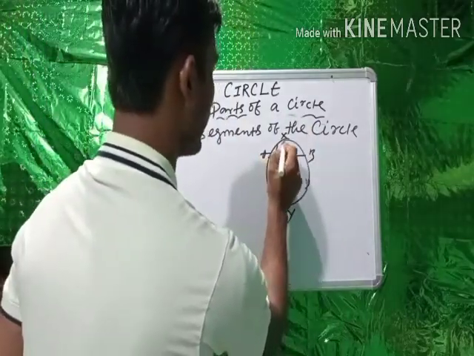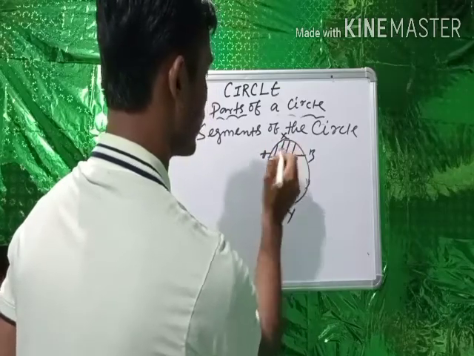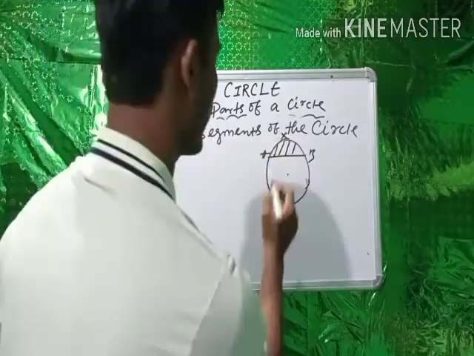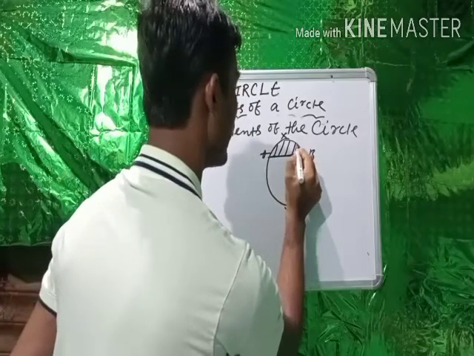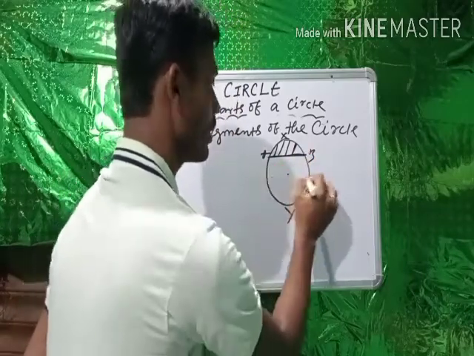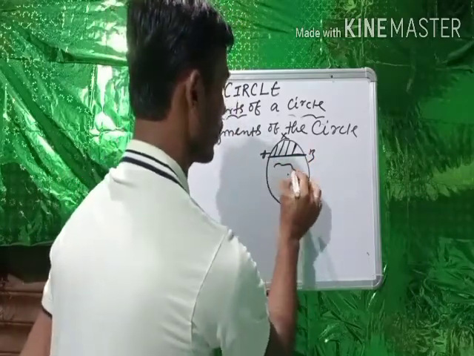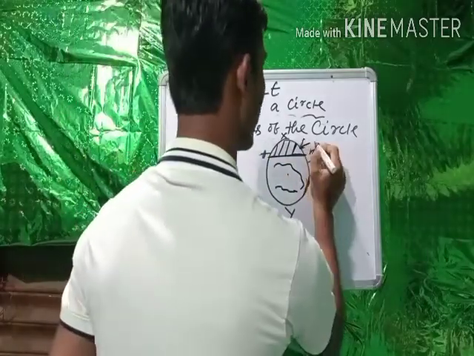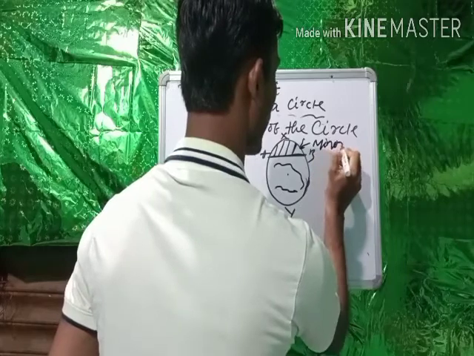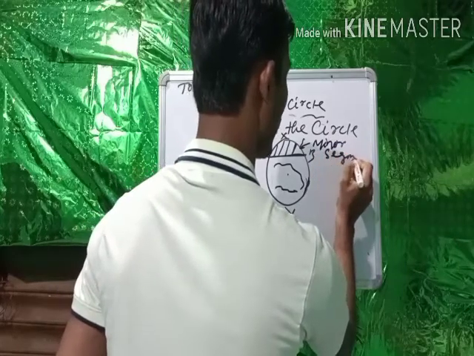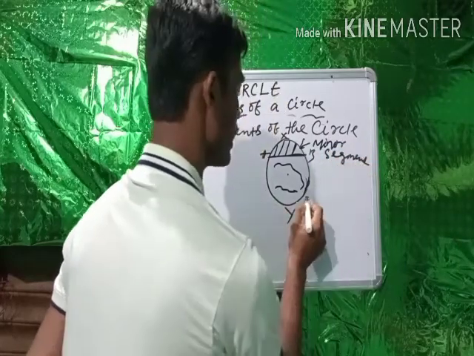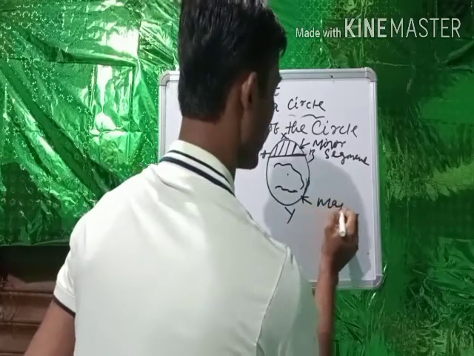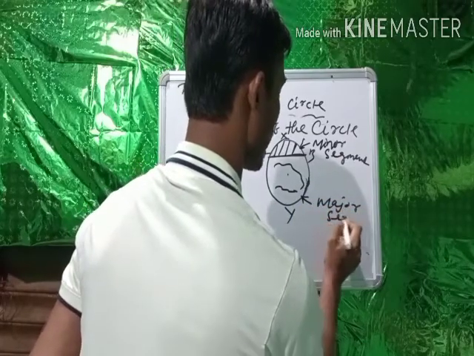This is the point, we call it a segment. It is called the minor segment, and this one, just look, is the major segment. This is the minor segment, and that one is the major segment.